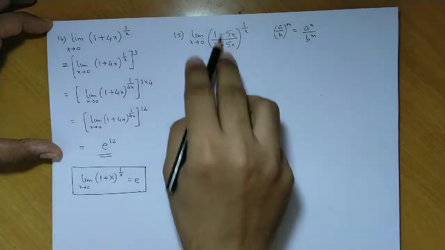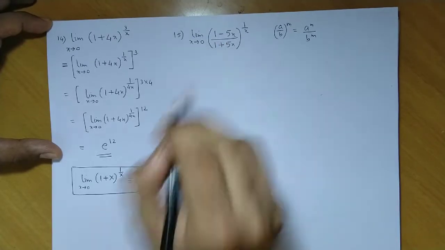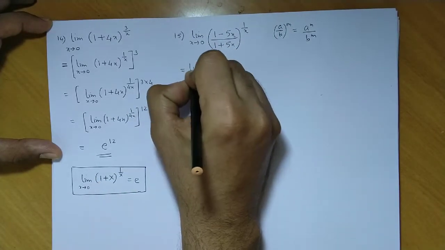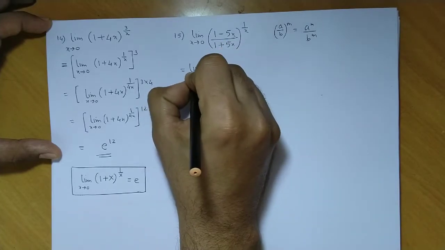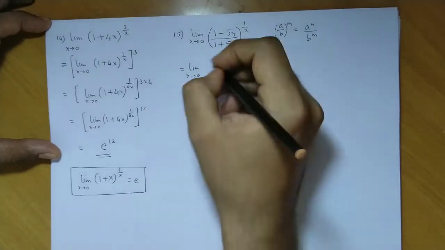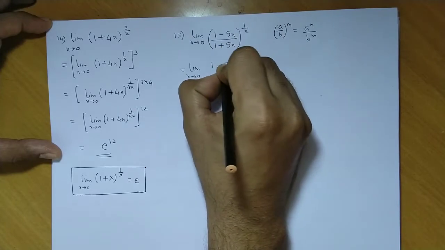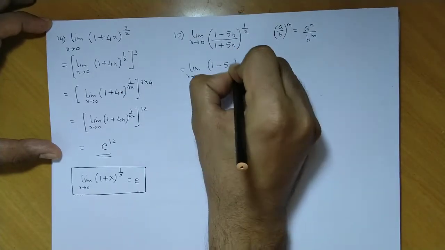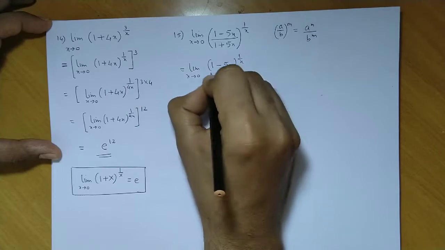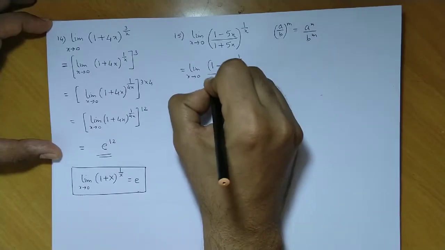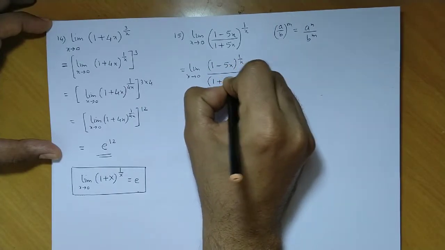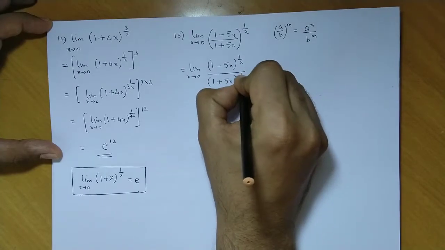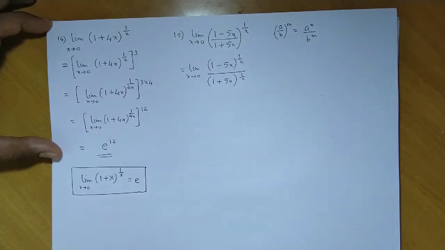So first we separate the numerator and the denominator here. So what we have here is limit as x approaches 0, (1 minus 5x) raised to 1 by x upon (1 plus 5x) raised to 1 by x, right?